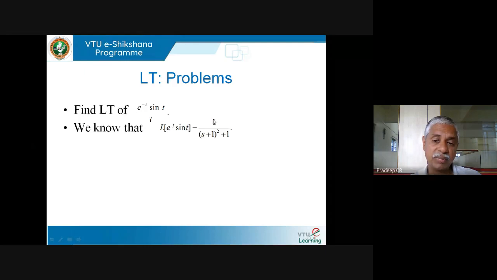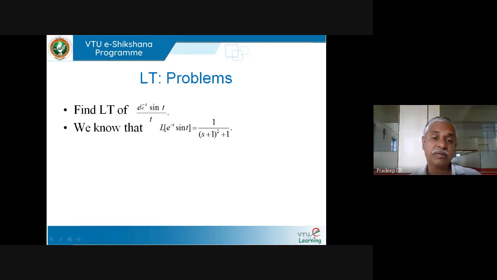Laplace of sin t is 1 by s square plus 1. Remember, 1 square by s square plus 1 square. For Laplace of e power minus t sin t, replace s by s plus 1, s minus minus 1, which is s plus 1. So this is what Laplace of e power minus t sin t is.